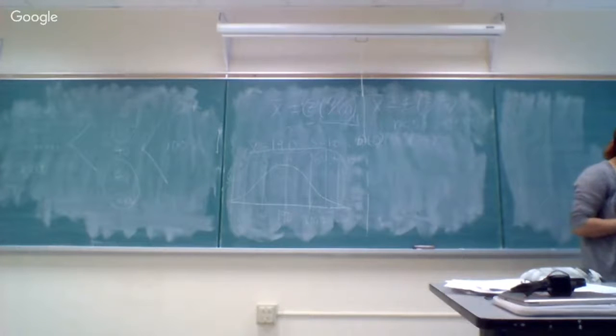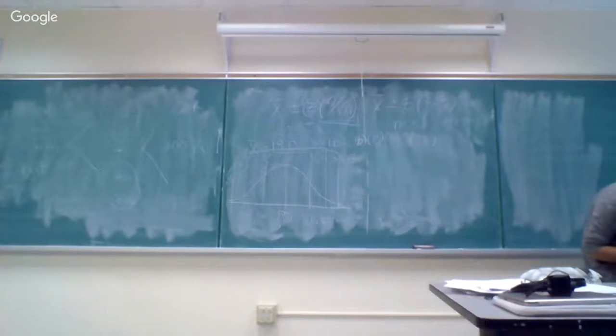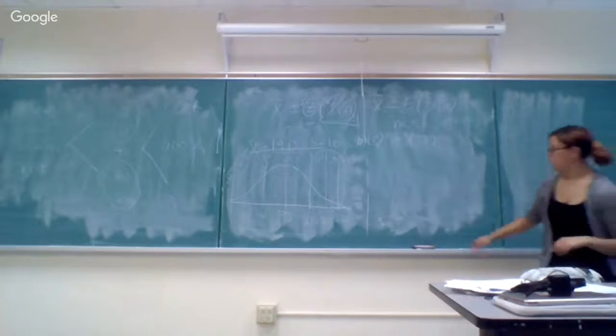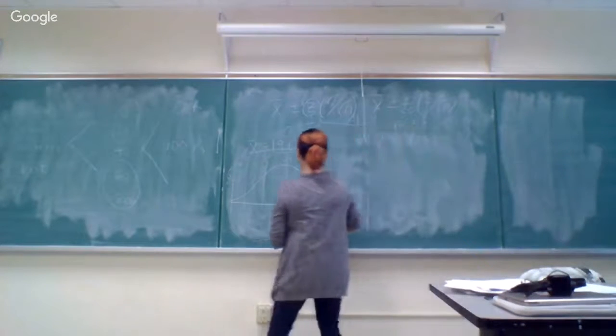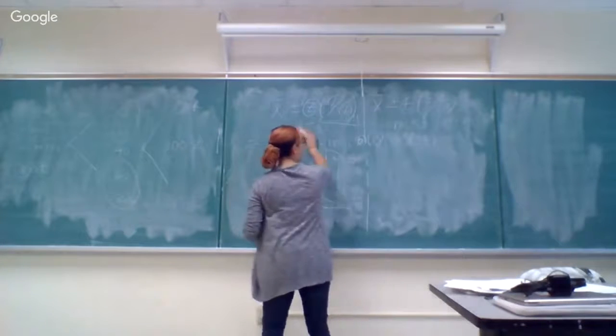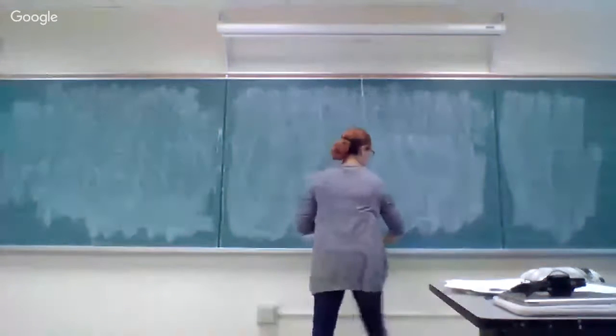This one is kind of the one that we were just doing. Let's see, 80 is the middle, so 60 is 2 below. I just have to redraw this one time.